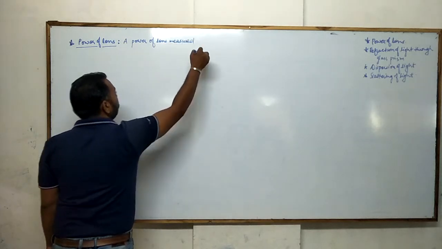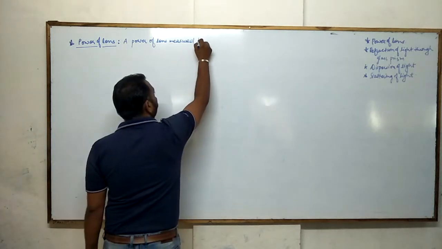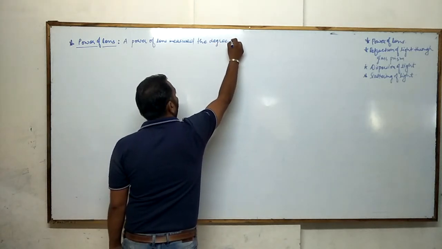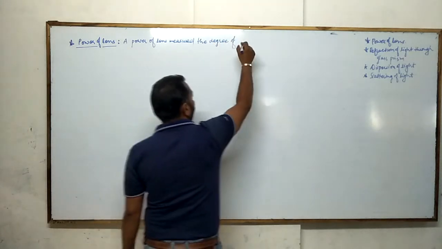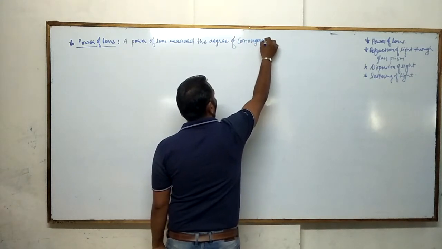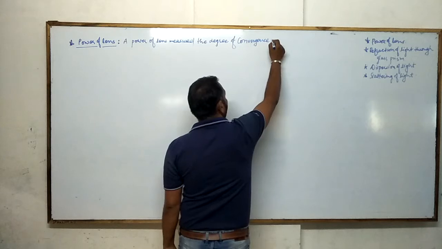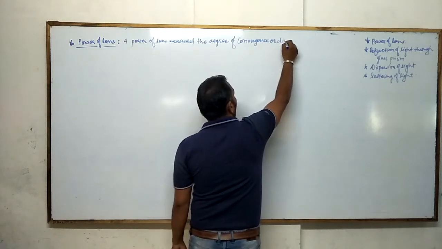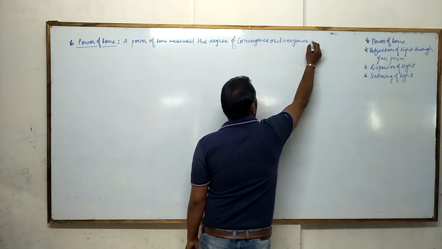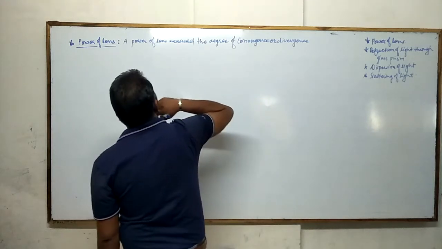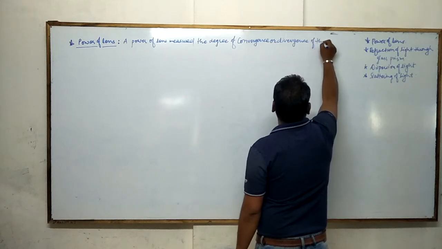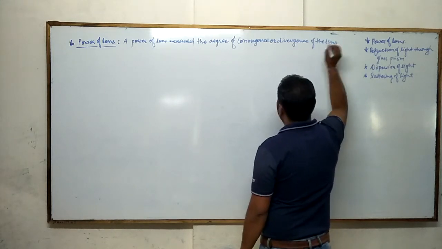The power of lens measures the degree of convergence or divergence of the lens.